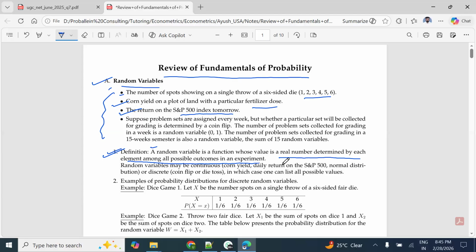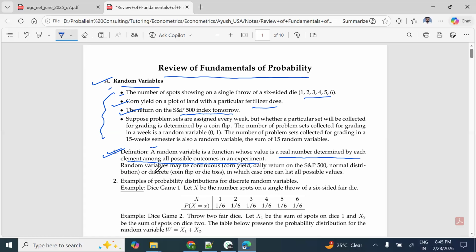They will say that a random variable is something where the outcome is uncertain, like that. But basically it is a function whose value is a real number and it is determined by each element among all possible outcomes in an experiment. Clear? Ajay, is it clear?